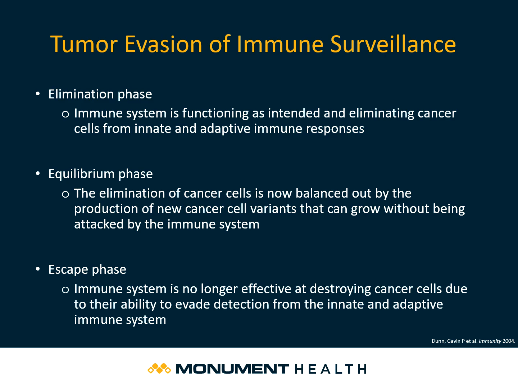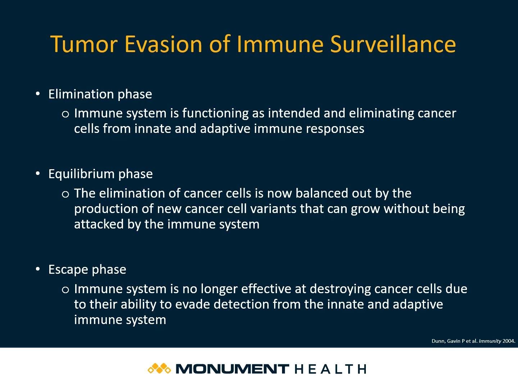Shown on this slide are the three phases of how cancer cells can evade immune surveillance. In the elimination phase, the immune system is still functioning as intended and able to eliminate cancer cells from spreading to other tissues and organs.